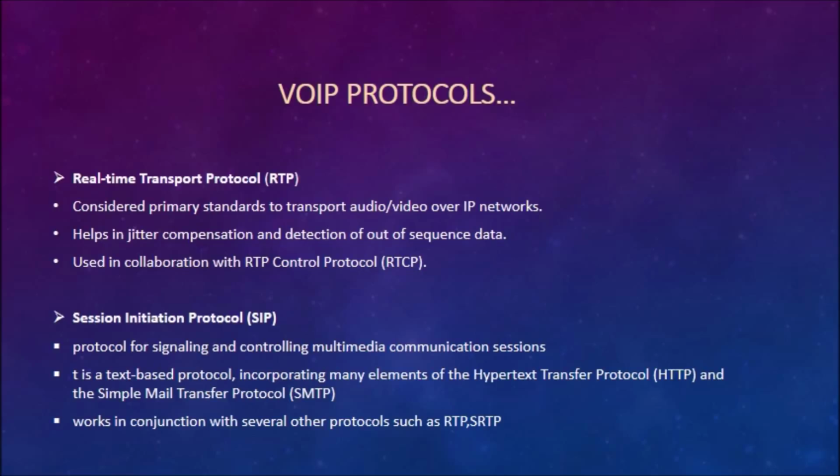Jitter is a kind of problem that is mainly faced during the later periods when we make a call. It is used in collaboration with control protocols. This is the real-time transport protocol. More on the jitter problem will be available in the next slides.